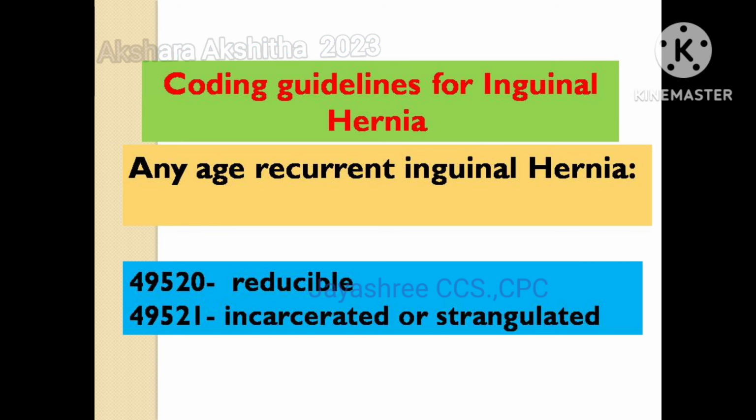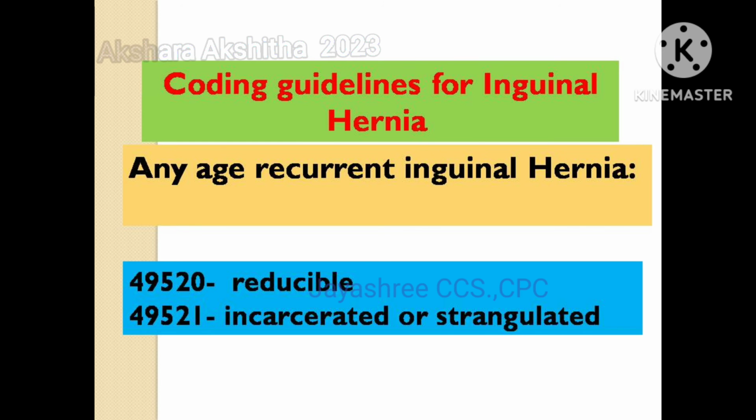One code for reducible, 49520, and the next code is for incarcerated or strangulated CPT code, 49521. Okay, these two codes are for recurrent inguinal hernia. For this, no need to look for age of the patient.